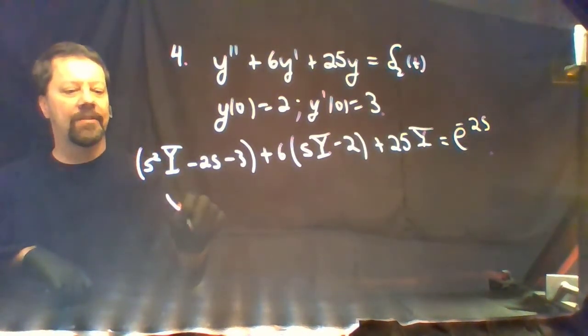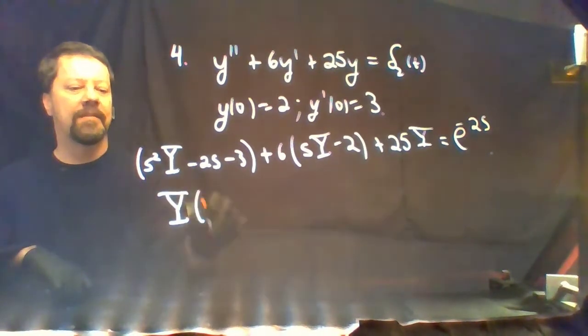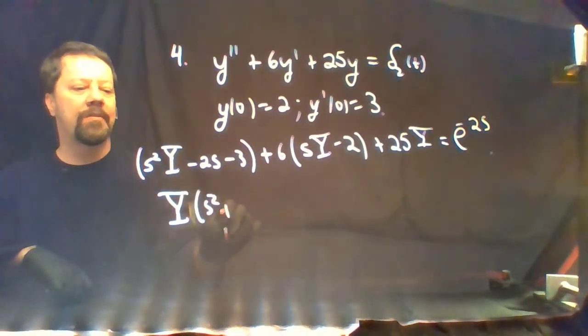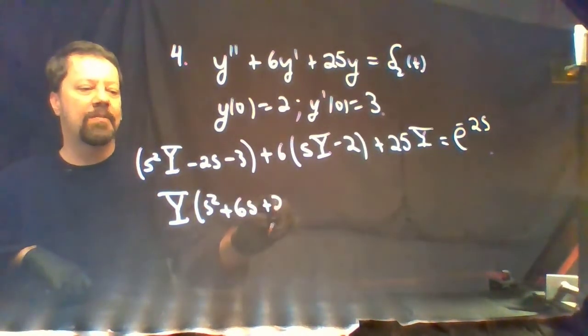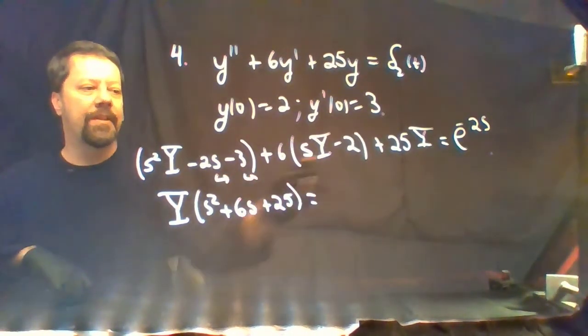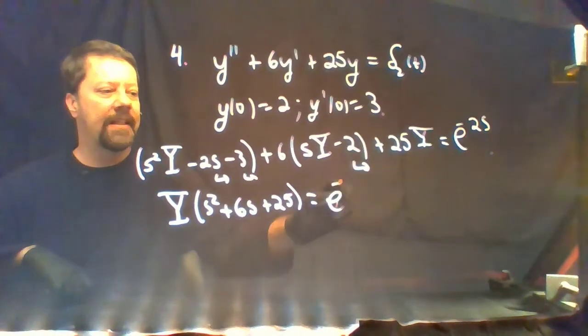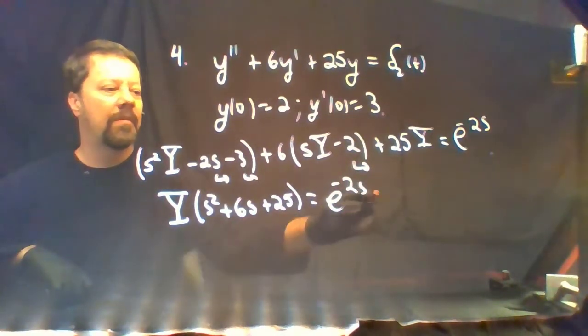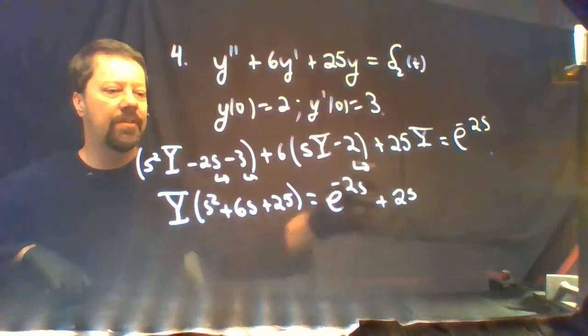If we collect all the Y terms together, the coefficient will be s squared plus 6s plus 25. All other terms must go to the other side. That gives e to the minus 2s plus 2s.